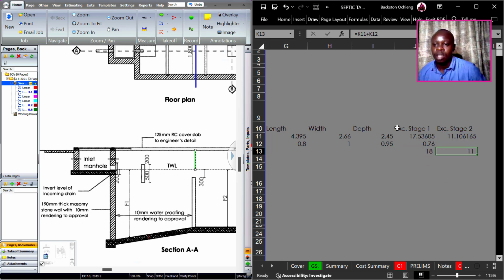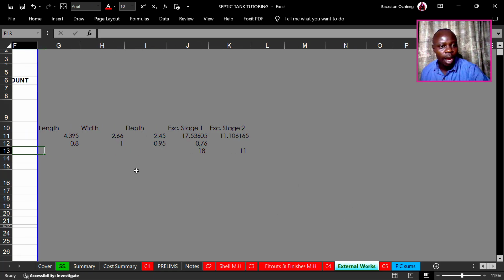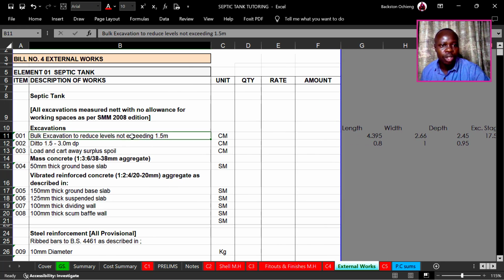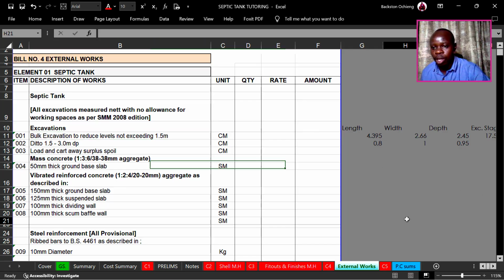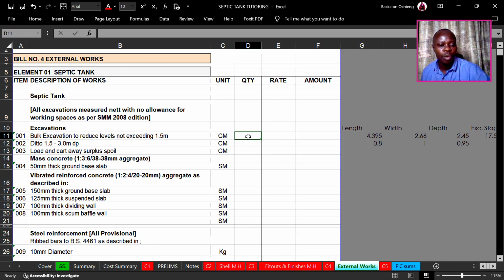All right. So all that considered, we come to our excavation volumes. So stage 1, we've already done our volume. It's 18 cubic meters for stage 1. Quantity is 18.